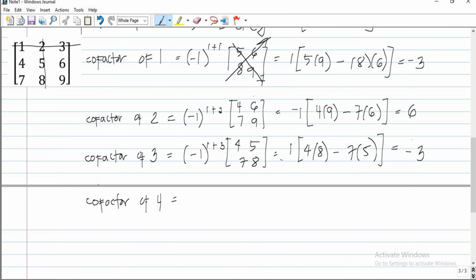Sundan lang ninyo yung process how I did the cofactors of 1, 2, and 3. You may pause this. Kunin ninyo yung cofactor of 4. Just merely share on your screen. Okay? So, kunin ko yung cofactor ni 4.